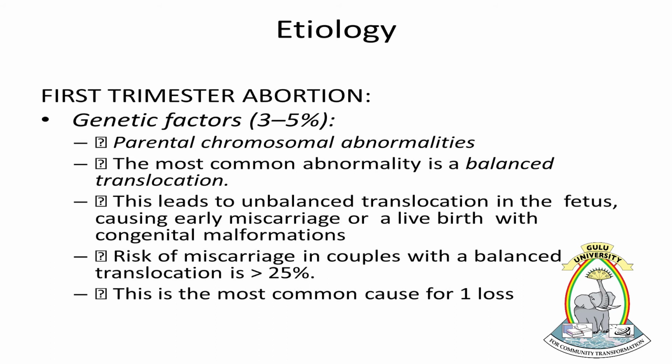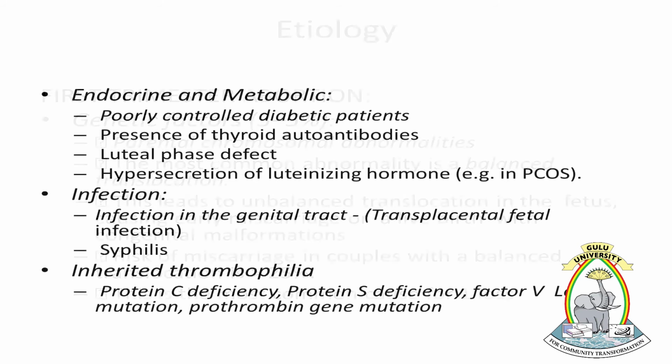So first trimester pregnancy loss, recurrent pregnancy loss. It may be because of the gene, it may be because of translocation of the chromosomes, it may be because of other factors that affect the chromosomes. It may also be because of endocrine or metabolic disorders.